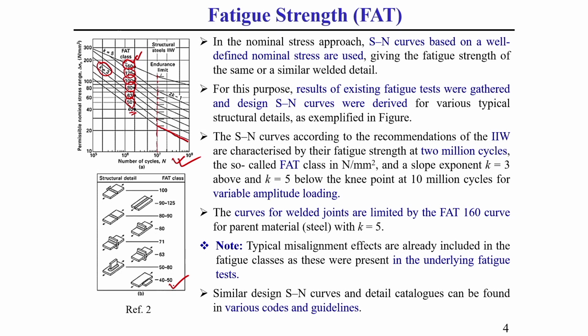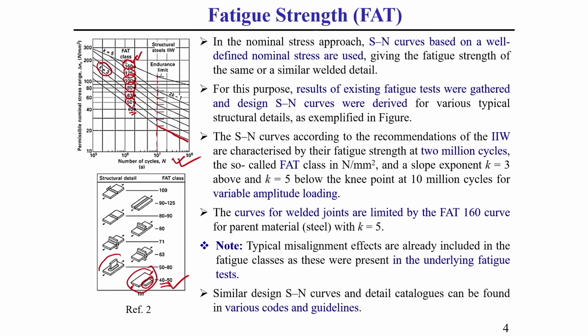Here one thing you can observe: for this type of weld configuration, where an extra specimen is welded like this, if the structure is subjected to parallel loading, then the FAT value we need to consider is within a range of 40 to 50.